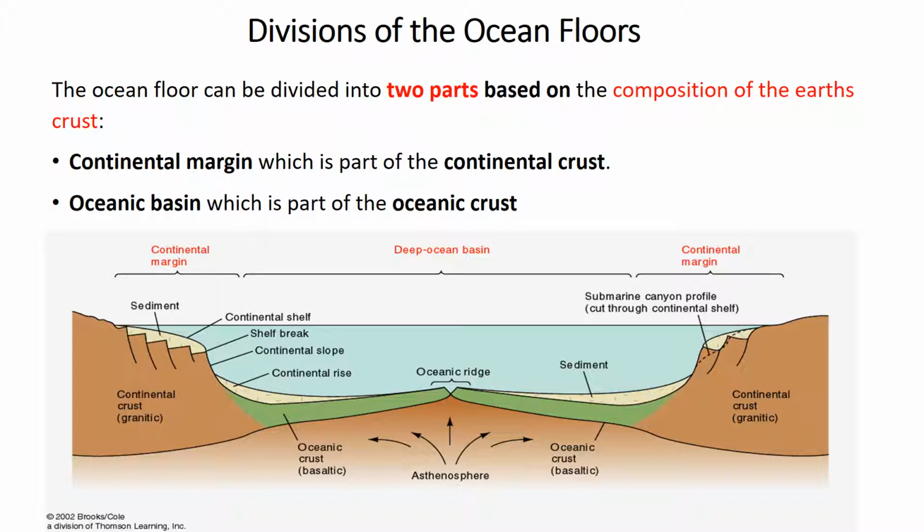The crust is divided into two types, the continental crust and the oceanic crust.